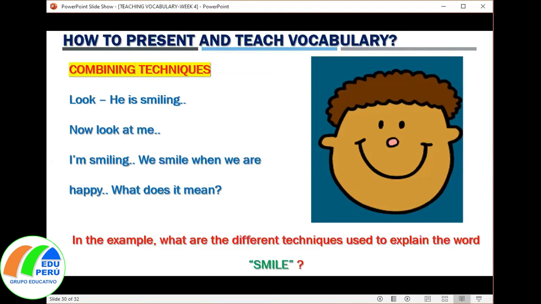Using pictures, using gestures. In this activity, just in this activity, what techniques is the teacher using in this example? You told me two. Is there anything else?